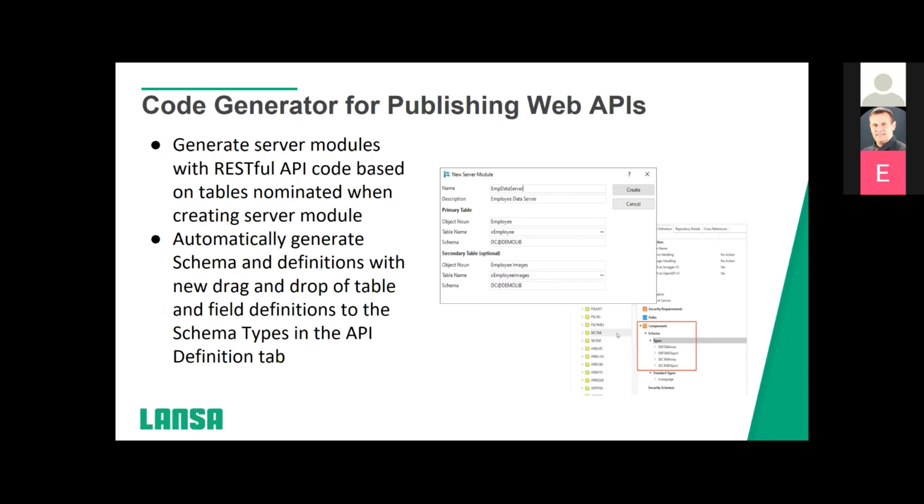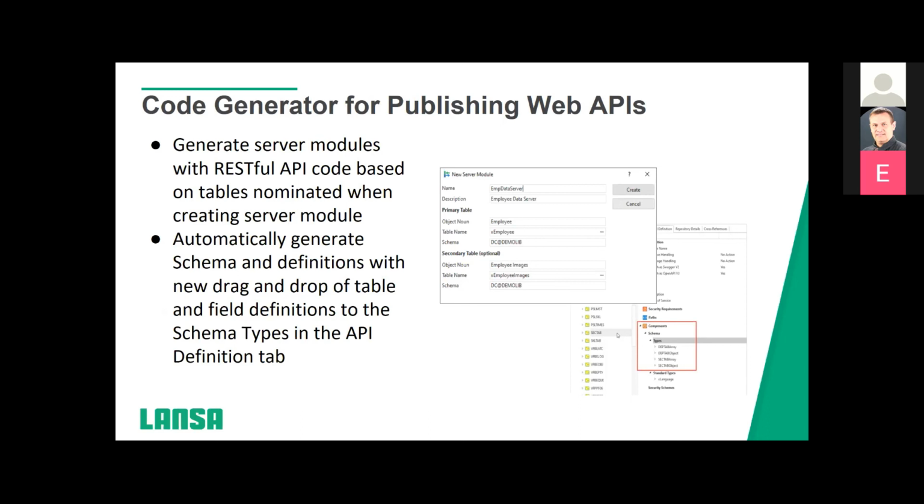So to create this API, a server module is going to reside in a central repository, and all the different Visual LANSA applications will have access to it. And it's created simply with this wizard. You're going to nominate the tables, click create, and now that server module is ready to be used, right?